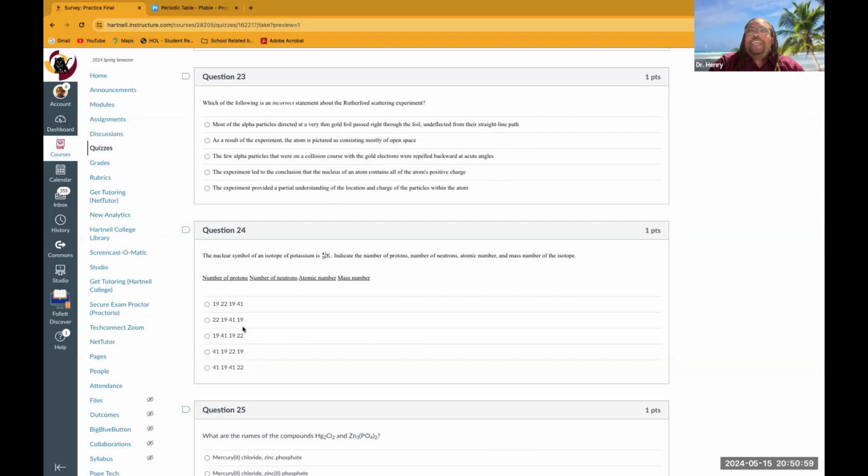So which of the following is an incorrect statement about Rutherford scattering experiment? A, most of the alpha particles directed at the thin gold foil pass right through the foil, undeflected from the straight line path. B, as a result of the experiment, the atom is depicted as consisting mostly of open space.